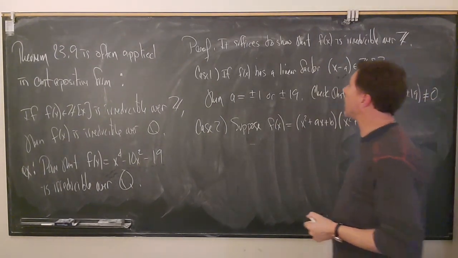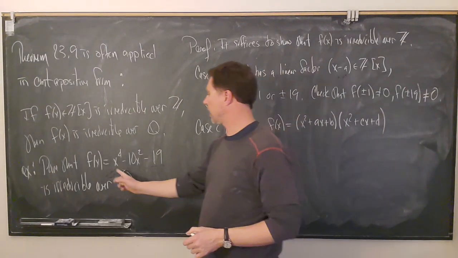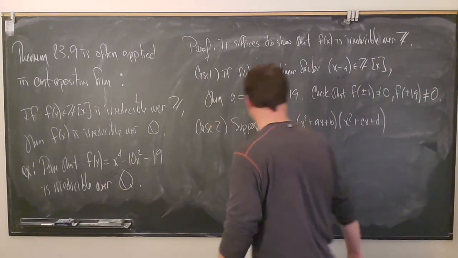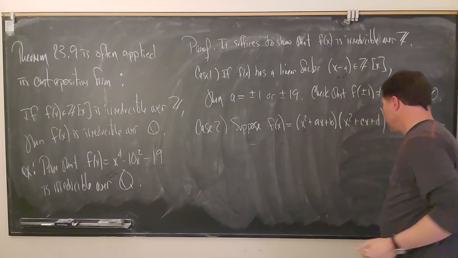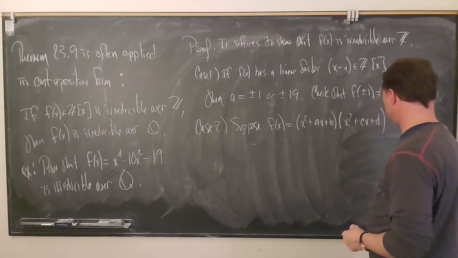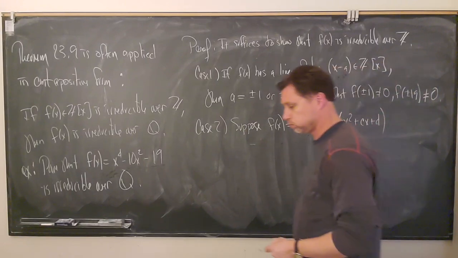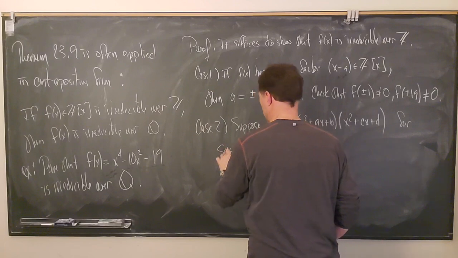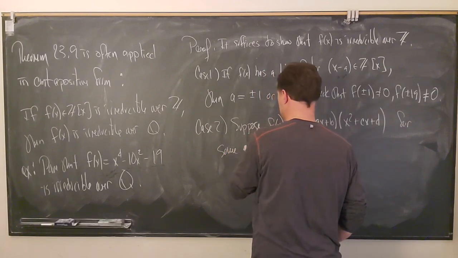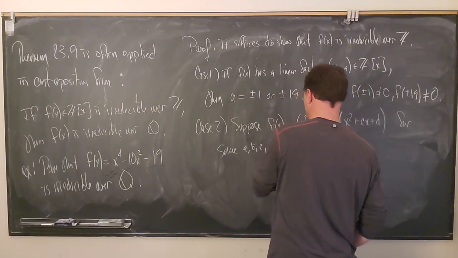Notice, because f of x is monic, it has a 1 for the leading coefficient, that means both leading coefficients of the factorization have to be 1 also, for some a, b, c, and d in Z.